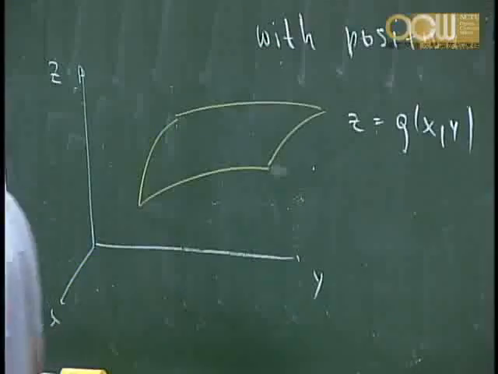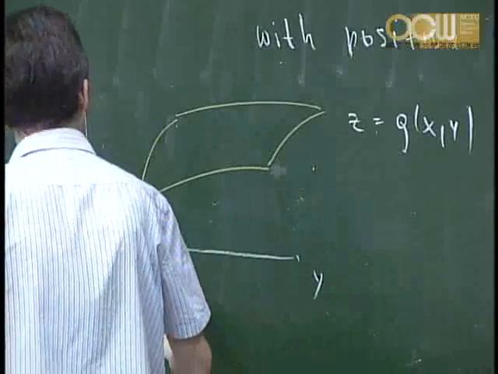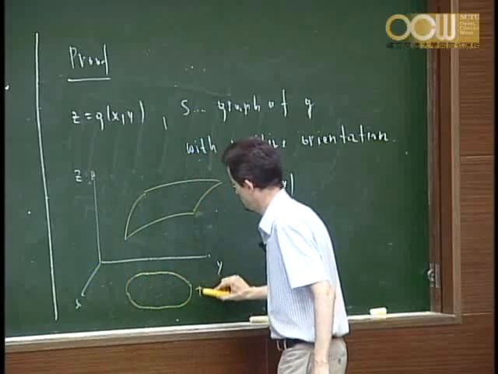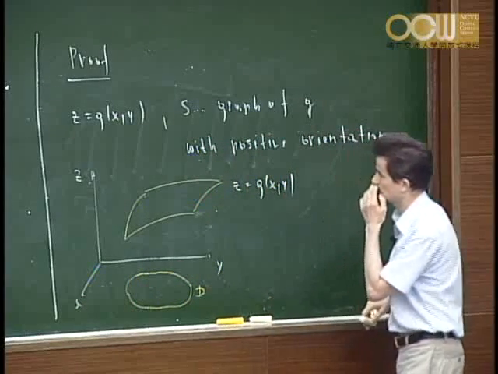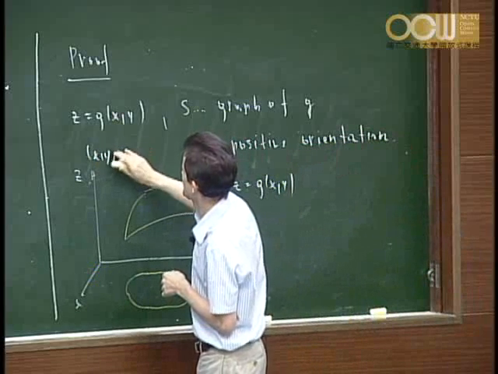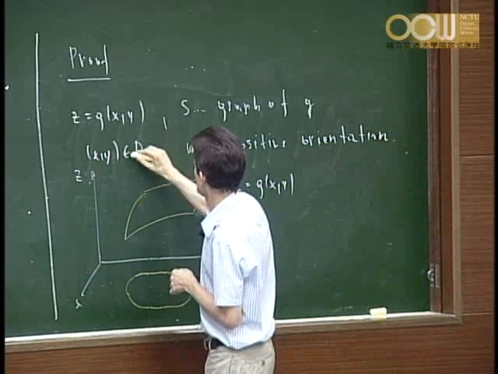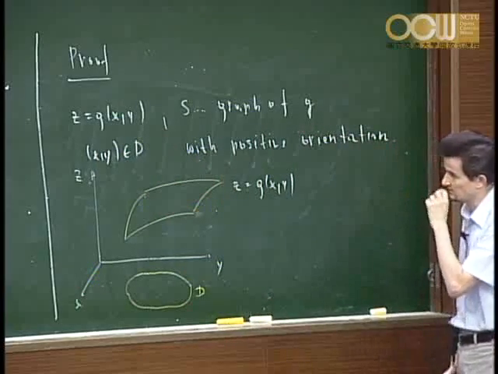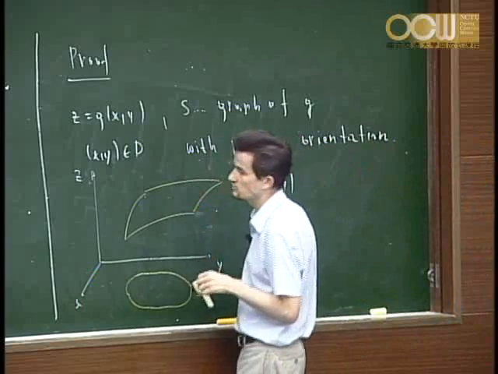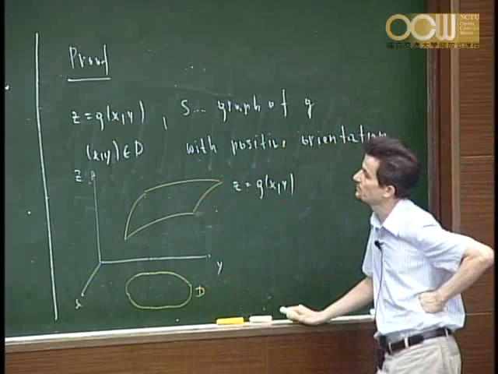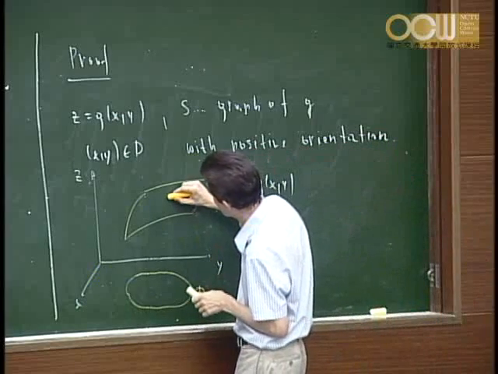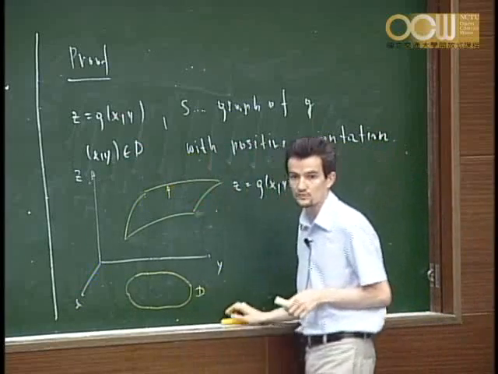Here I have the domain of our function. So this is D here, so our (x,y) is in D. And the orientation I choose is the positive one. So in every point, I choose the normal vector which has a positive z coordinate. That's why it's upwards. If I draw things like this here, then the orientation is upward.